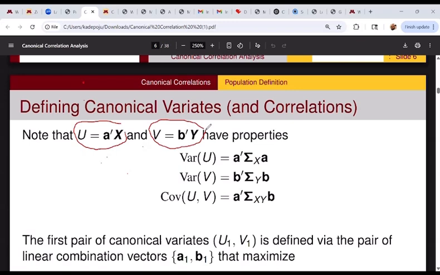That is why we need to derive the variance of U, the variance of V, and the covariance of U and V.